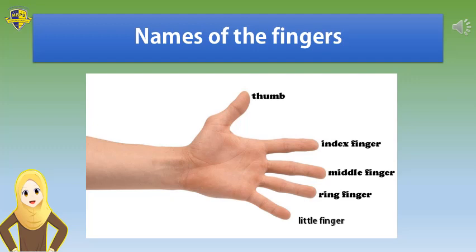The middle finger. Ring finger. Yes, great. And the last one, the fifth finger, little finger. Let's repeat it again. Thumb. Index finger. Middle finger. Ring finger. Little finger. Great! You all are very good.